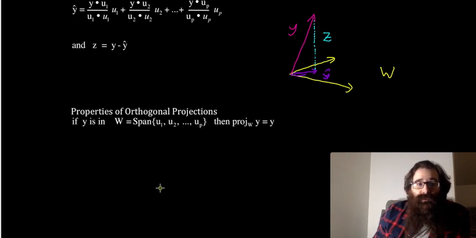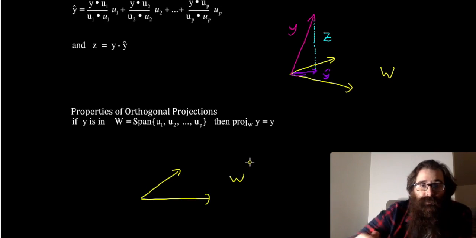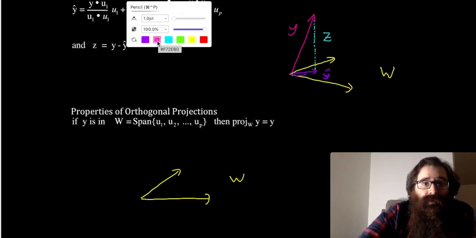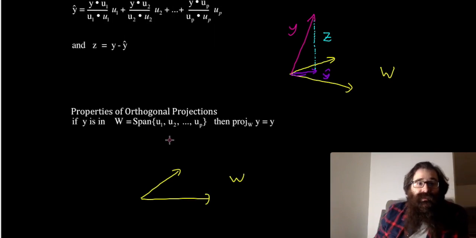We could do a quick picture of what that is talking about, but it's not going to be anything too exciting. So this is our subspace W. And we'll draw our vector y in pink, but we're saying y is already in W. So then it's already its own projection. I don't have to project it into the subspace because y already lives in the subspace.